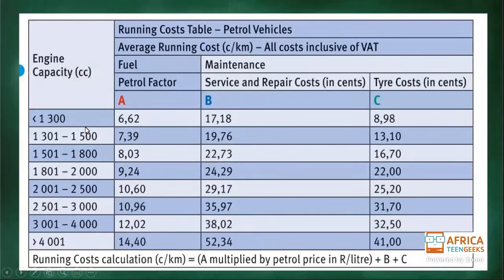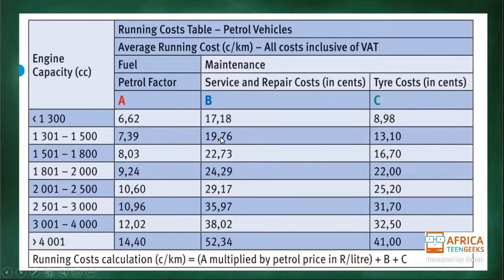Why is it here? Because we are looking at the engine capacity. Remember, the engine capacity of the car that we are talking about is between 1,301 and 1,500. We said that the engine capacity is 1,400 cc. Now, the fuel factor there is 7.39.